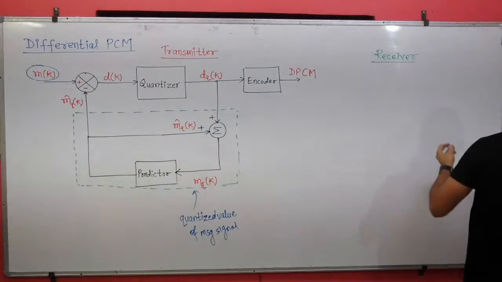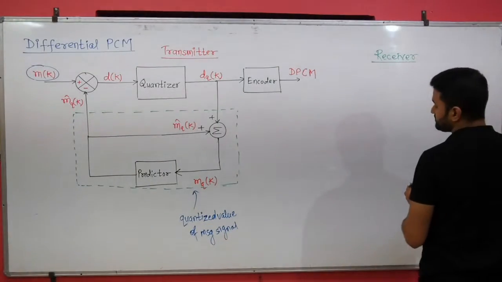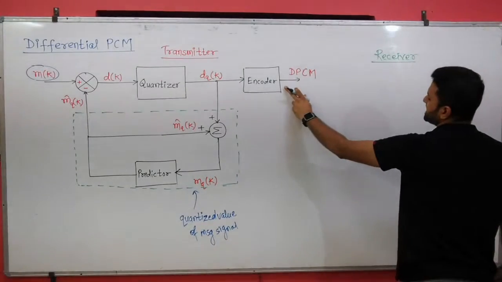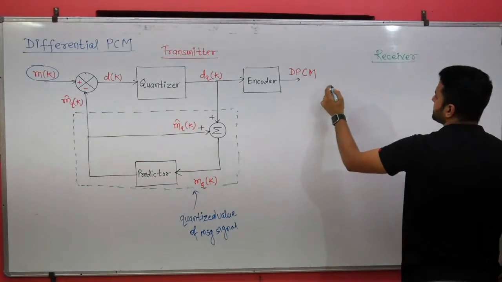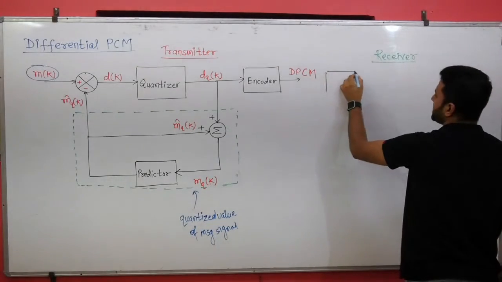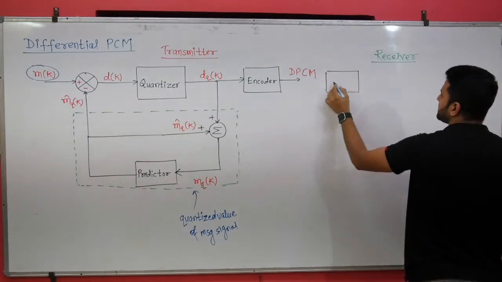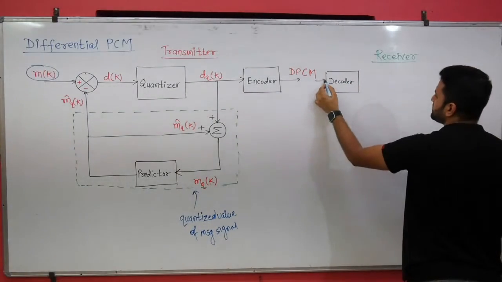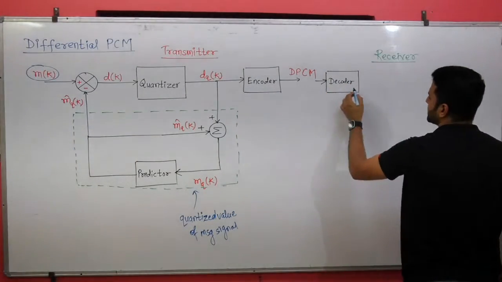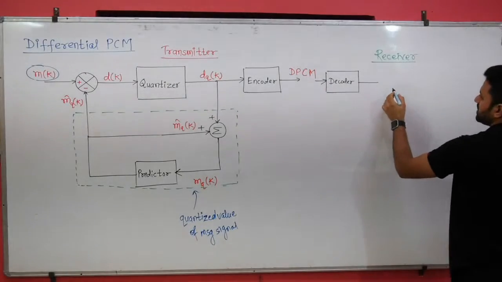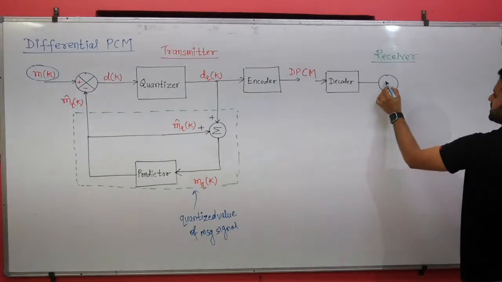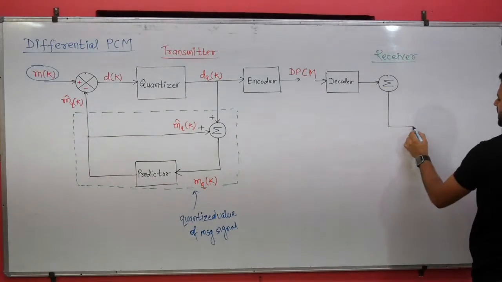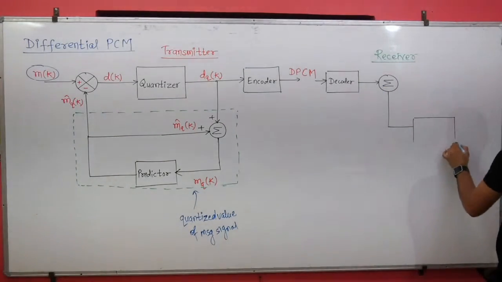So the receiver block diagram. As I said, if you are transmitting with the encoder, you will get the decoder here. This is the decoder, this is the input, and it is the channel. After the decoder you will have an adder and the predictor.